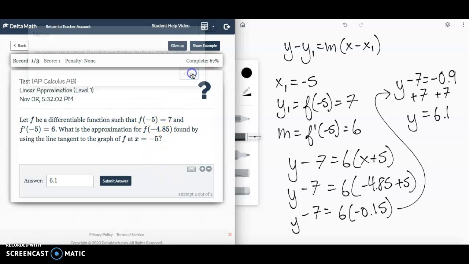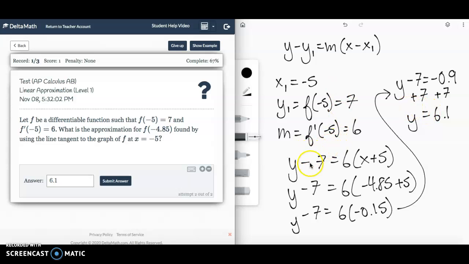No, what did I do wrong? Hold on. 5 minus 4.85. So this is negative 0.15, right? Yeah, okay. And then times 6 would be negative 0.9 plus 7.